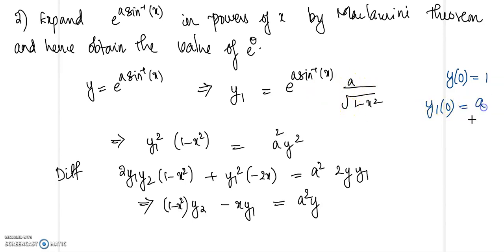So value is going to be a. Now for y2, when x is 0, you will get y2 at 0, minus the term, 0 will come. That will be equal to a square into y at 0. y at 0 is 1. So y2 at 0 is going to be equal to a square.